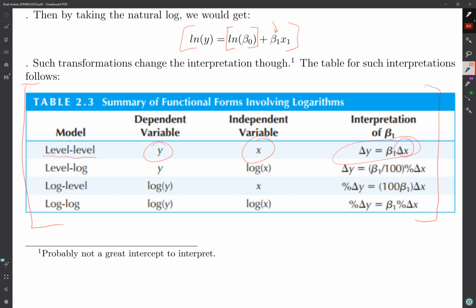But once we start adding logs, we have to start thinking about percentages. For example, in the log-log model, we've got the log of y and the log of x for our dependent and independent variables, and we would say a 1% change in x is represented by a beta 1% change in y.